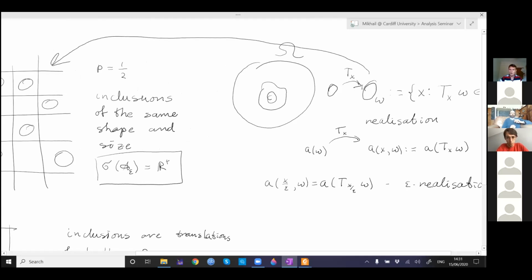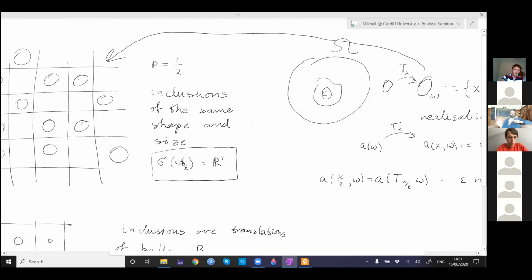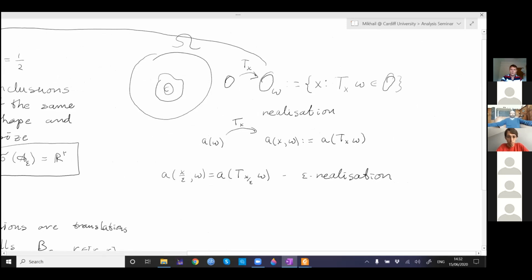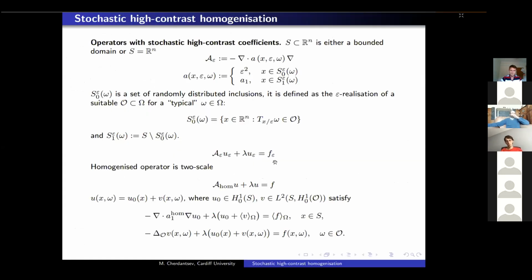So O of omega is exactly the collection of these randomly distributed inclusions. We call this a realization. We can speak about the realization of a set, or of a function, via the dynamical system. And we use the term epsilon realization when we scale the spatial variable. So this set O is a kind of reference inclusion in the probability space.